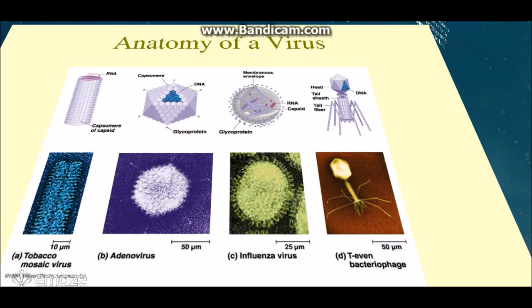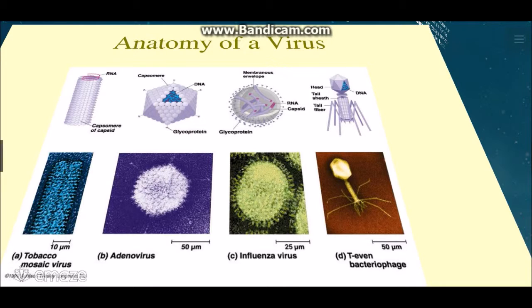Now we see adeno and T-even bacterial phage, which are not as harmful, and they both have DNA, but the tobacco and influenza viruses both have RNA. Well, we can infer that RNA is going to be the most effective at changing and altering the genetic information inside of a human being.